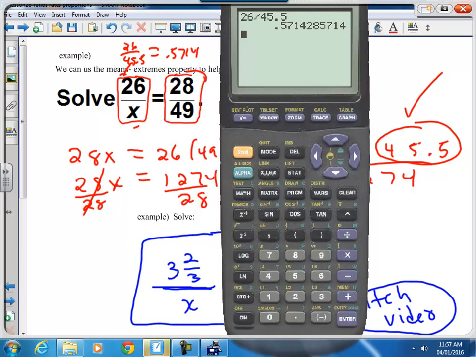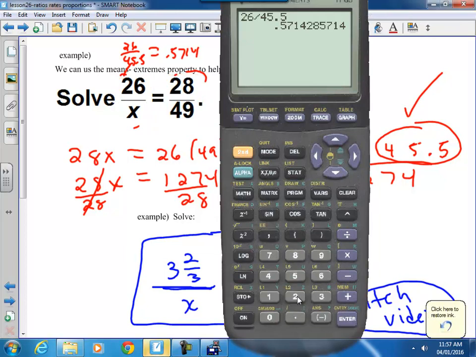Now test out this side of the playing field. What's 28 divided by 49? Okay, let's try it. 28 divided by 49. Well, gee, that's 0.5714 as well. So what I'm getting at is it checks out.